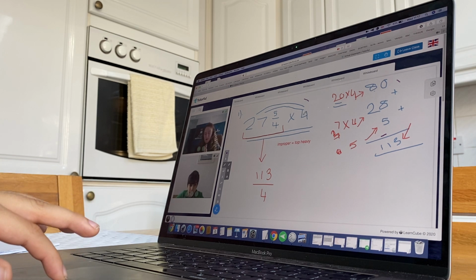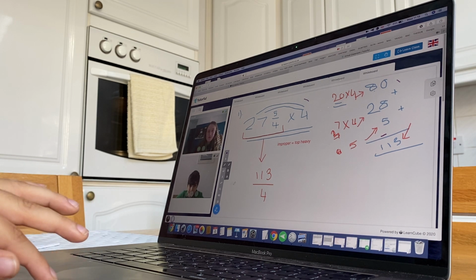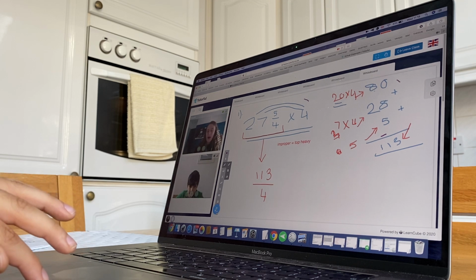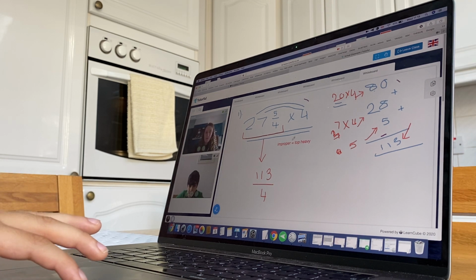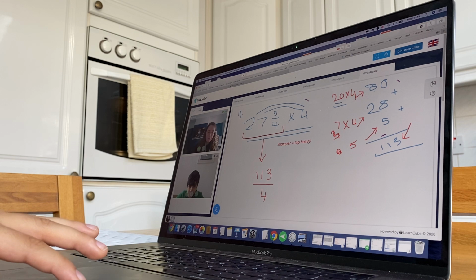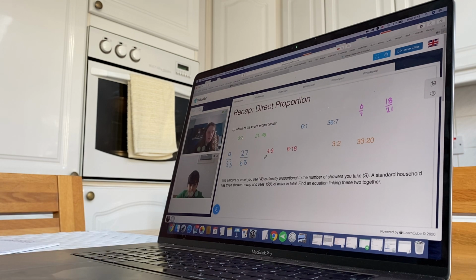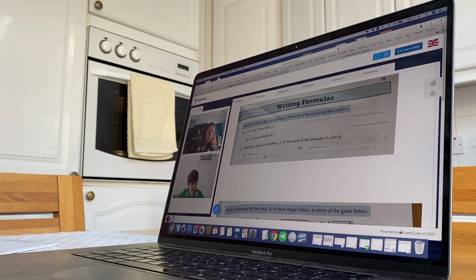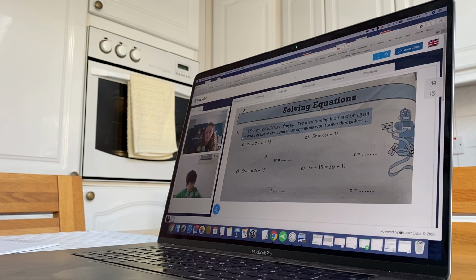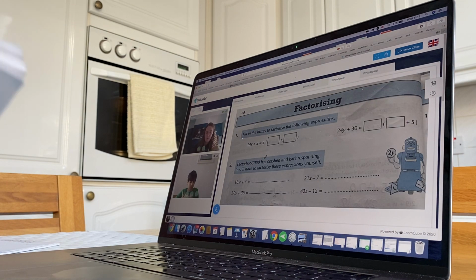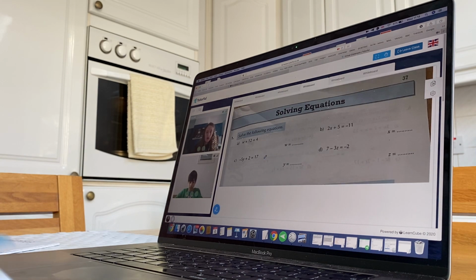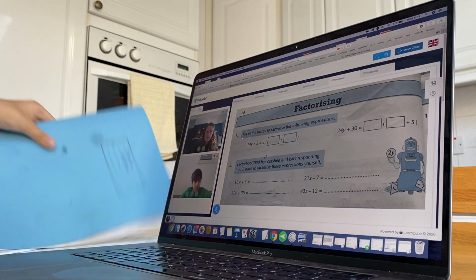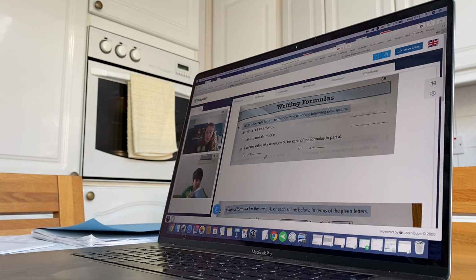Okay, so what I had planned for today was a little mini recap on what we did on Friday, and then back to how we did it a few weeks ago. I've got these 4 worksheets that we can work through, roughly page 36 to 39.